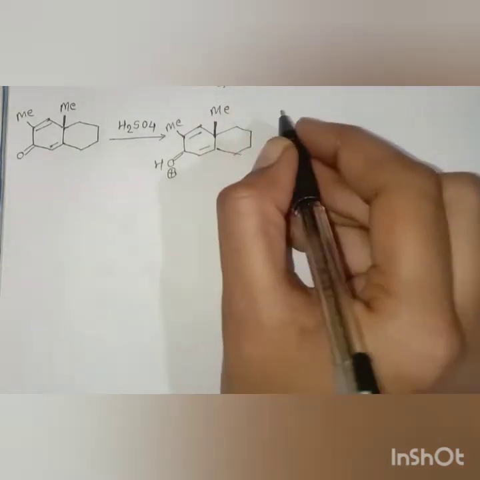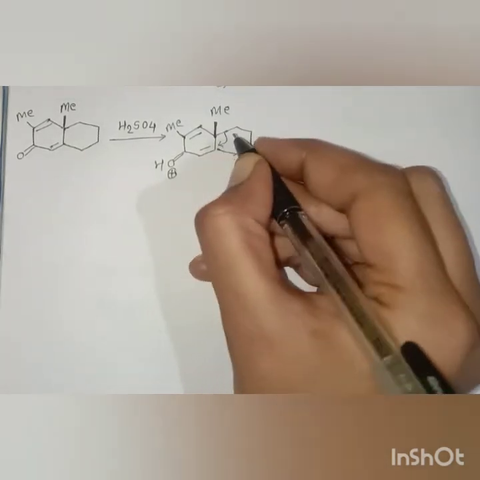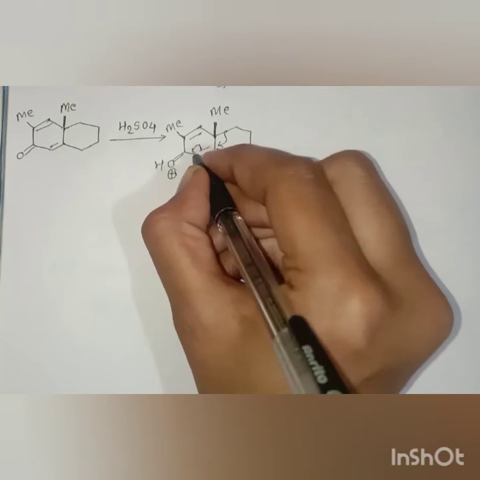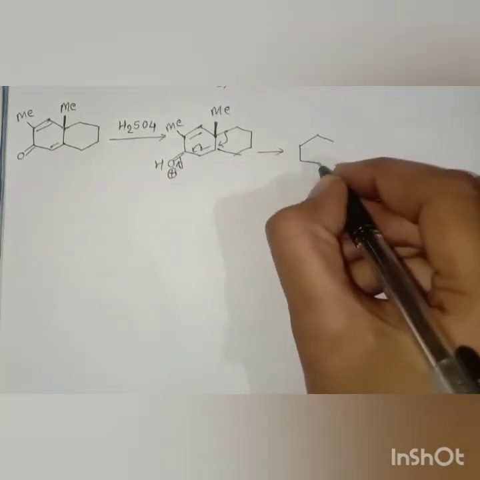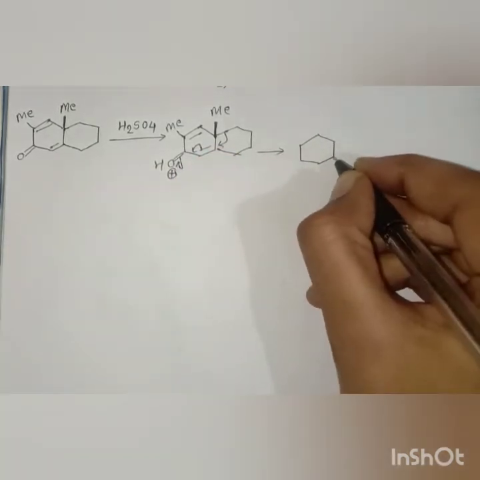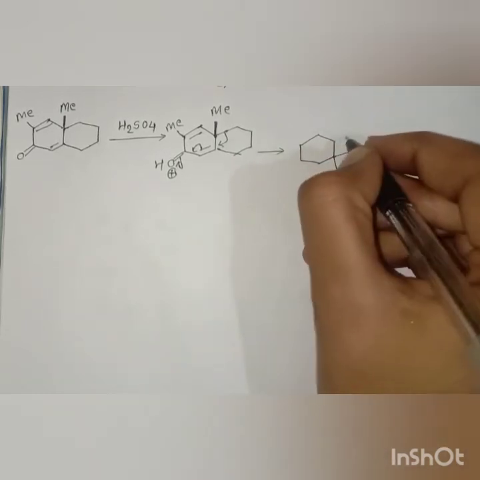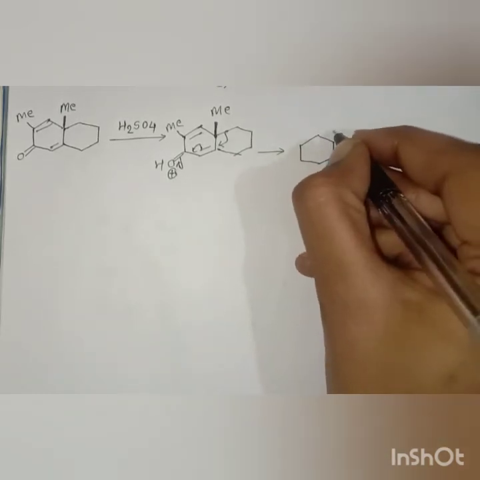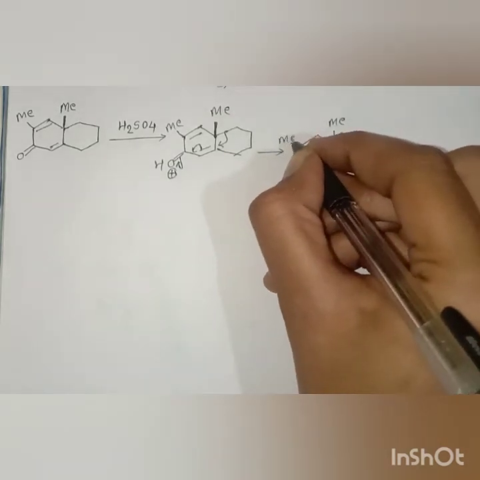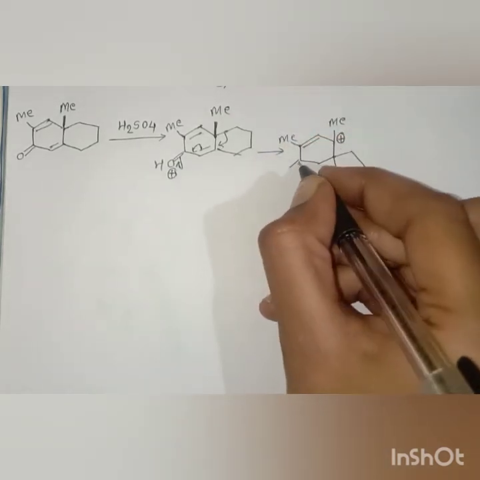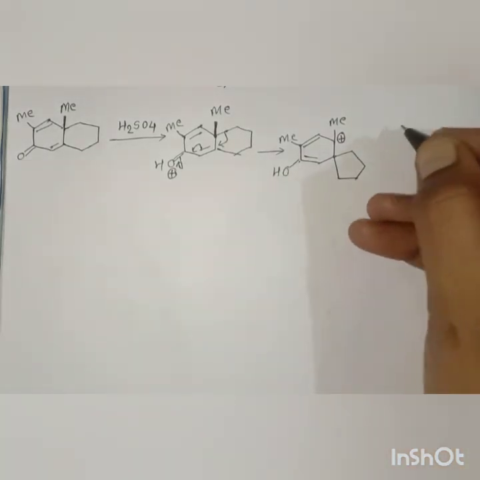In the next step, migration of this group takes place to give the ring contraction, and it will give this.